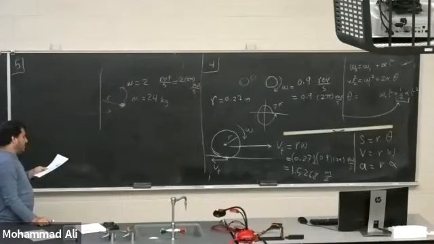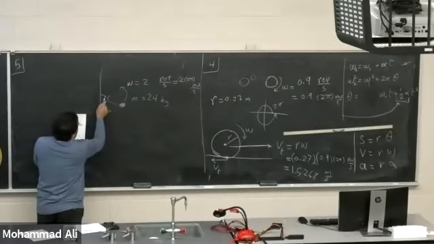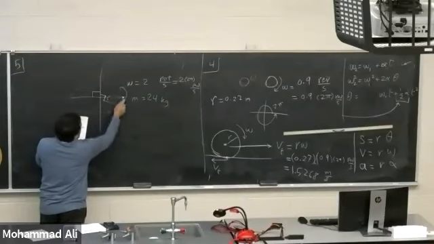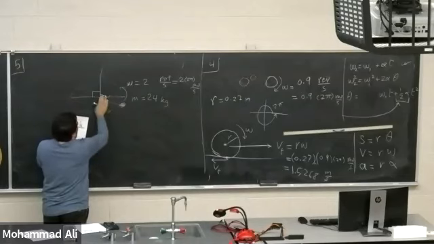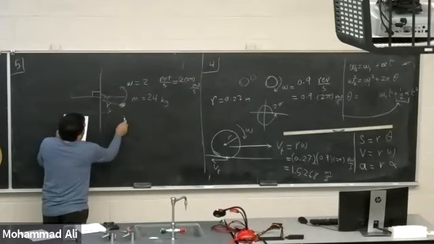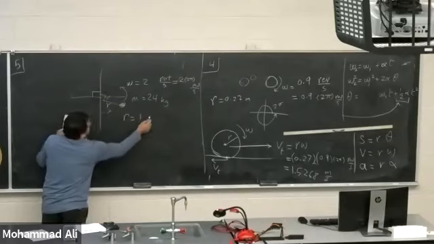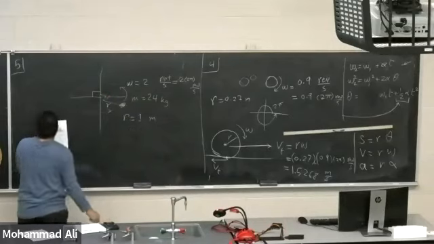And the perpendicular distance, the radius, is the perpendicular distance from this axis, in the perpendicular surface or plane. So R is 1 meter.